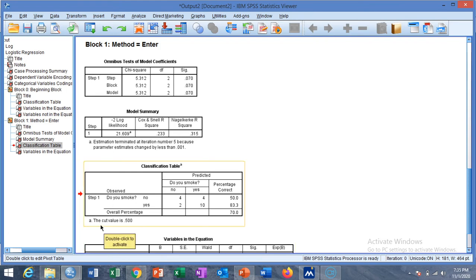The cut value is 0.5, meaning that a probability greater than 0.5 is considered yes.